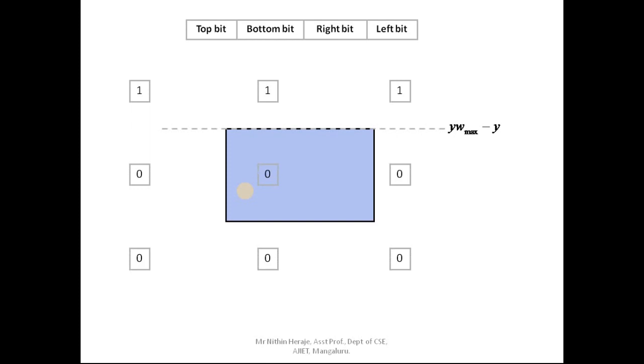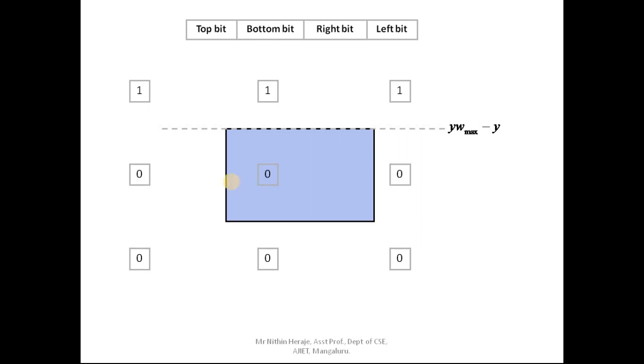So this is the leftmost bit. You can see a dotted line which is for the separation. Everything above the dotted line is the top portion, and it is nothing but YW max minus Y. Then in the top portion, we can see that the leftmost bit has been set to 1.